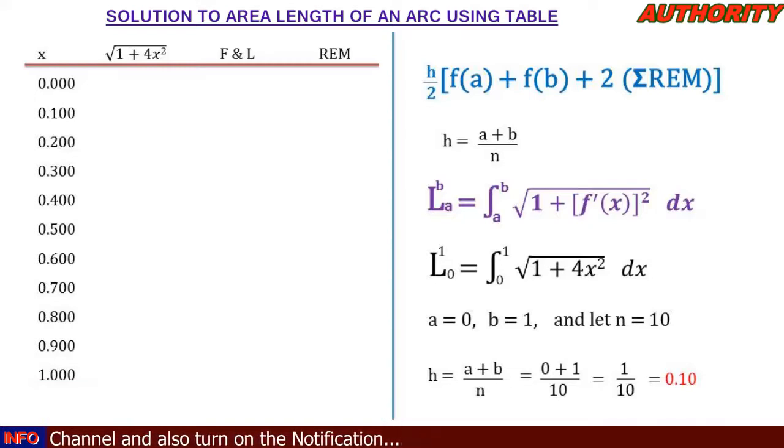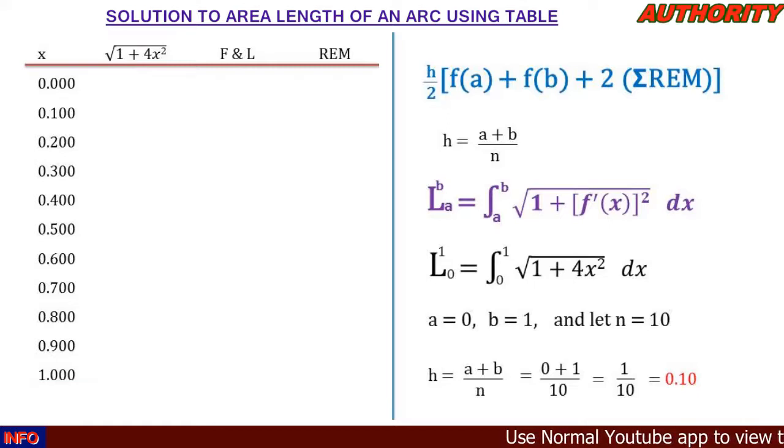Okay, so here we have 0.00. In the function that we have, the square root of 1 plus 4x squared, in place of x we can replace it with these values under x. You get it, right? Good. The first one we have is 0.00.